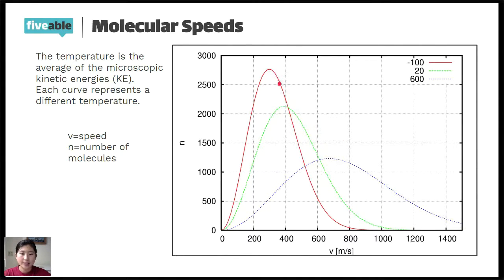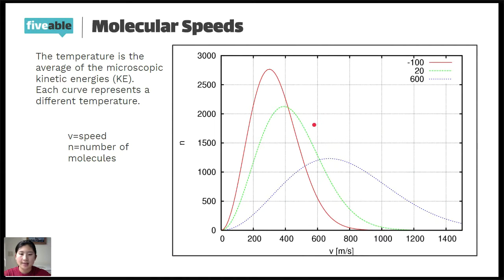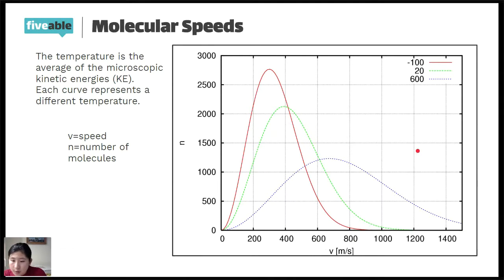So if we were to take this red line and drag it over here, then this peak will also go down. It will probably be somewhere around here. And that means its average speed will match up to 600, which means its temperature will also go up. So a higher temperature and velocity would peak at a lower number of molecules.